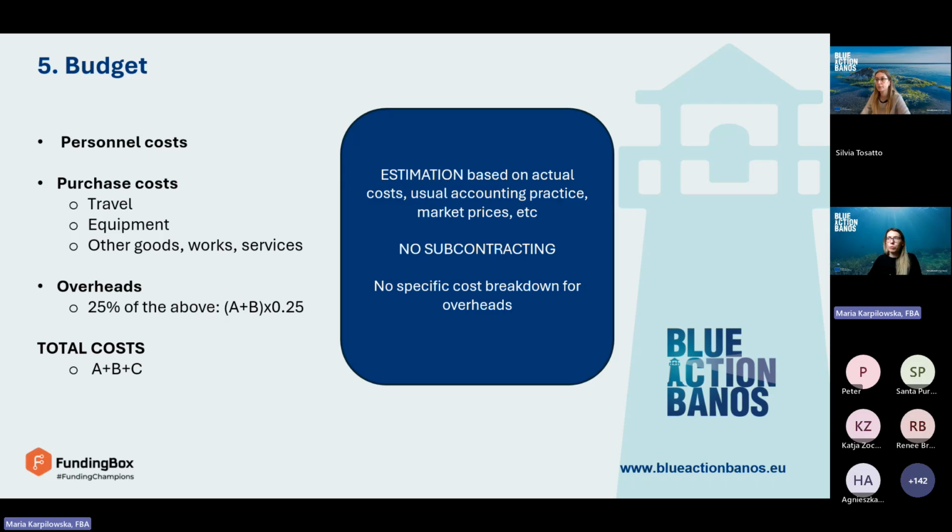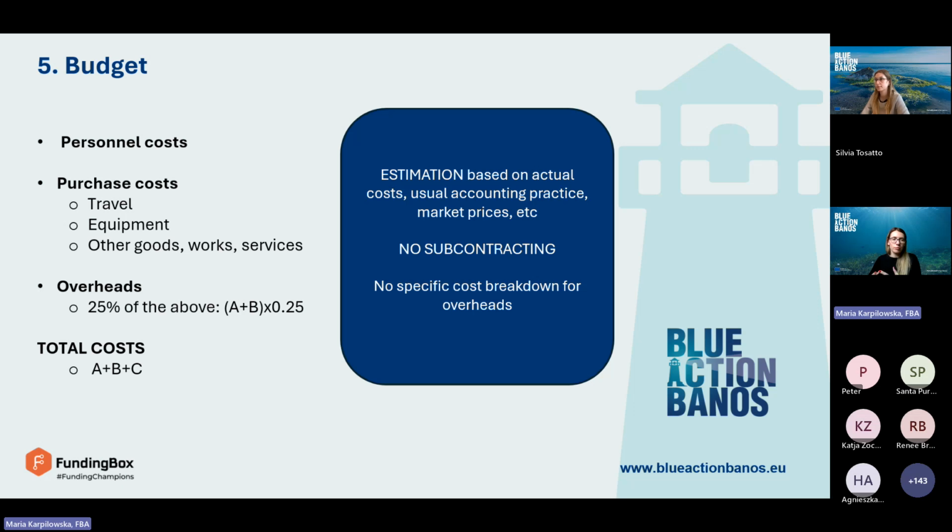However, at this point, full proposal stage, we only want you to provide us with general costs per cost categories. And those cost categories are personnel costs, purchase costs, including travel, equipment, other goods, works, and services, and overheads.